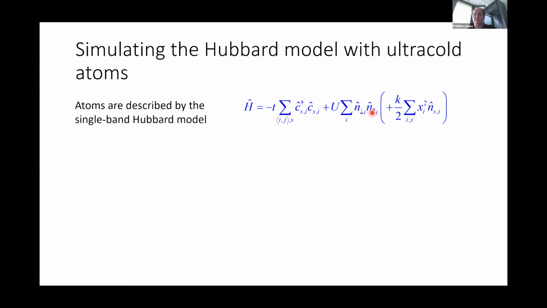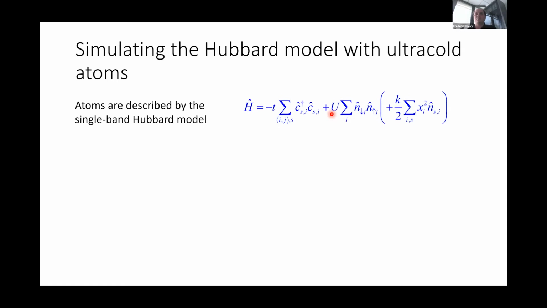Here we're talking about spin-1/2 fermions, and you will measure the interaction of two atoms which happen to occupy the same site. And there is no other parameter in the, let's say, pristine Hubbard Hamiltonian.